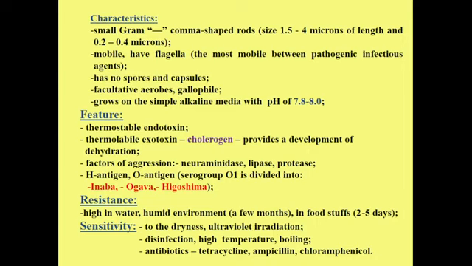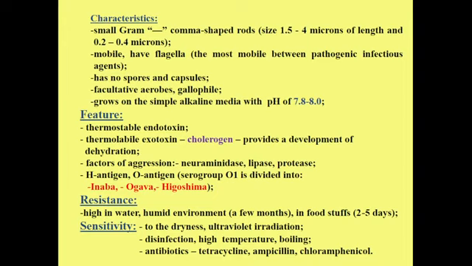Grows on simple alkaline media with pH of 7.8 up to 8. Feature: thermostable antitoxin. Thermolabile enterotoxin choleragen provides development of dehydration. Factors of aggressiveness: neuraminidase, lipase, protease, H antigen, O antigen.